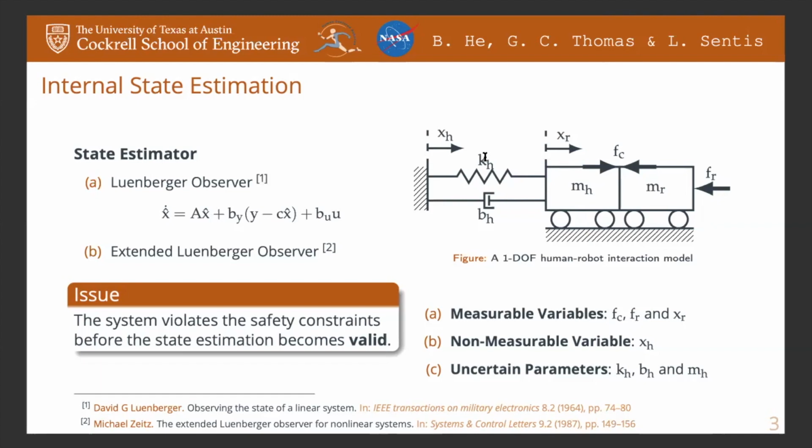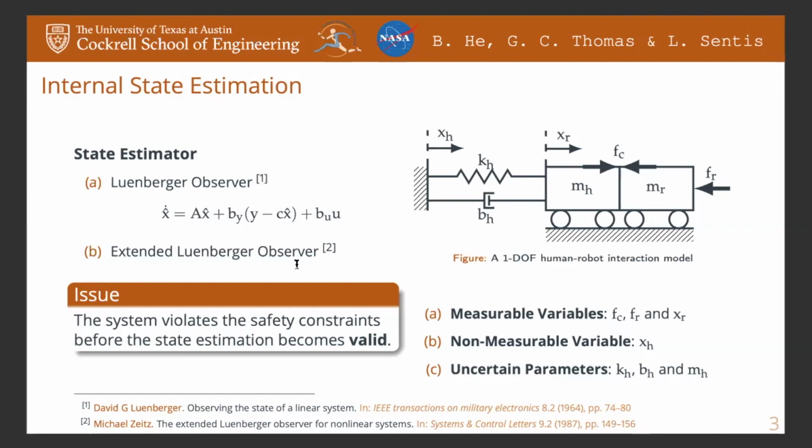We can use state estimators such as the Luenberger observer, which estimates the true states of a certain linear system asymptotically. For a non-linear system or an uncertain linear system, we can still use an extended Luenberger observer. Instead of converging to the true state, the estimated states converge to a residual set around the true states of an uncertain dynamical system.